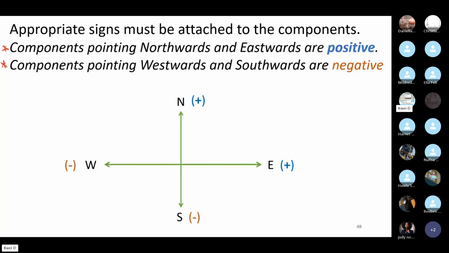So anytime you split it into its component vectors, if it's pointing northward, you attach a positive sign, and if it's pointing eastward, you also attach a positive sign. If it's pointing southward, the minus that we put in front is just indicating direction, telling that it's going the opposite direction.